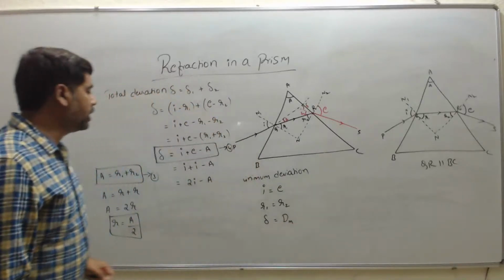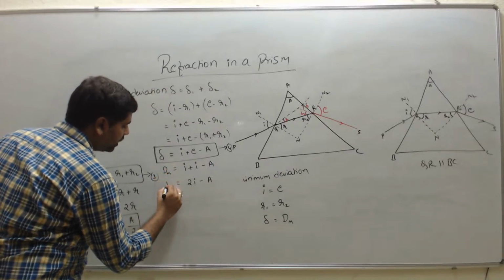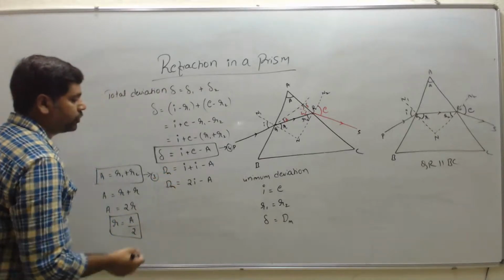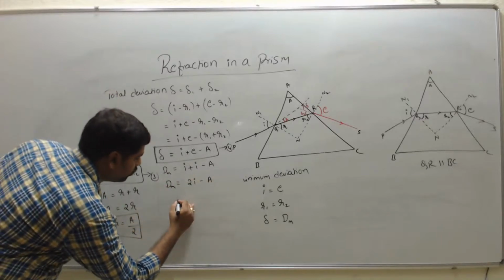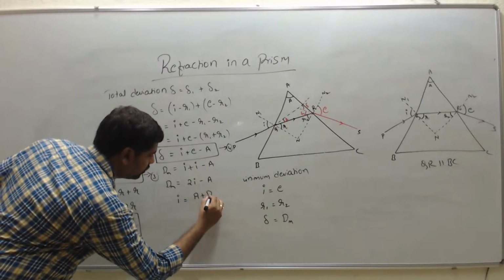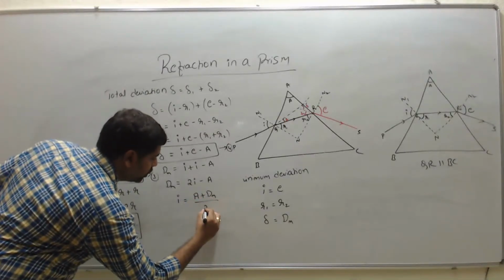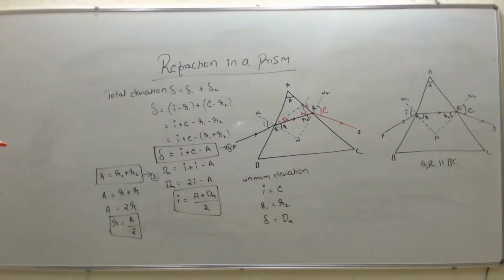That is minimum deviation, delta can be written as dm. So I need angle of incidence I, I will shift it to RHS, then it becomes I is equal to A plus dm divided by 2. So this is the angle of incidence I.